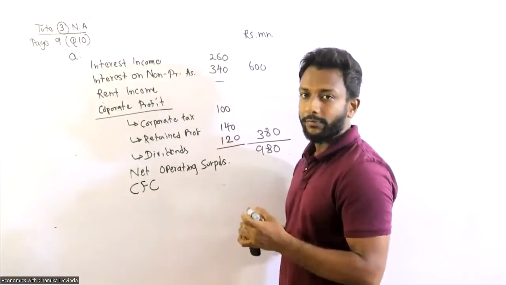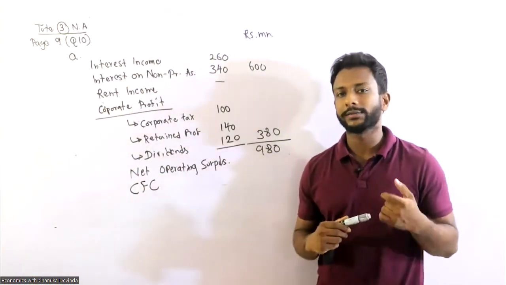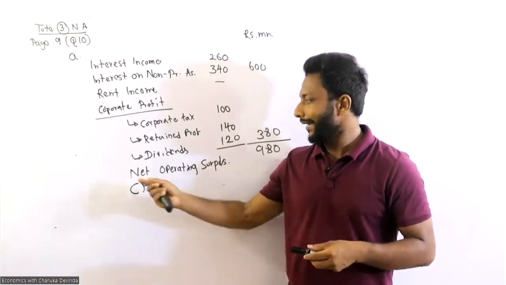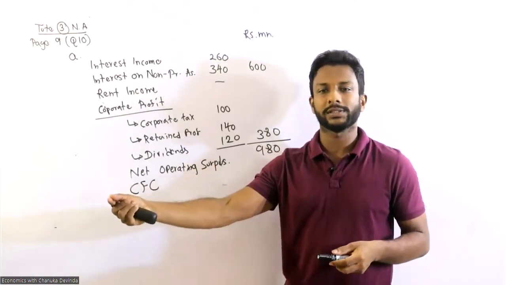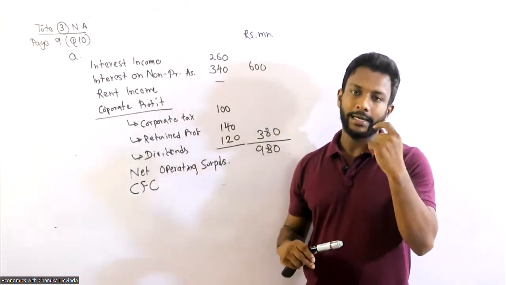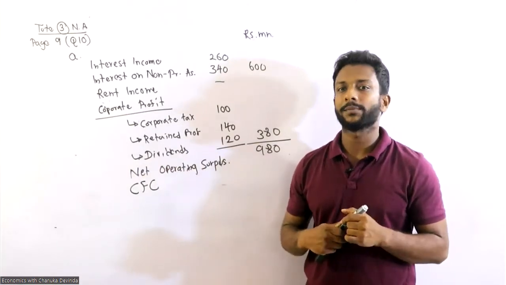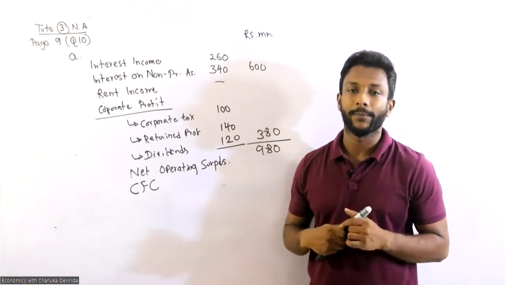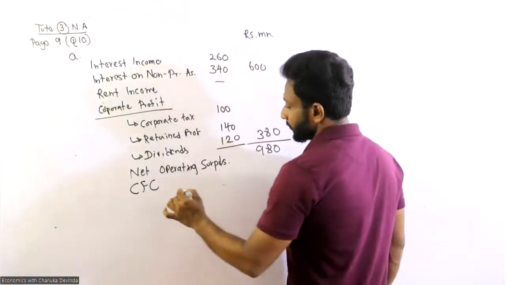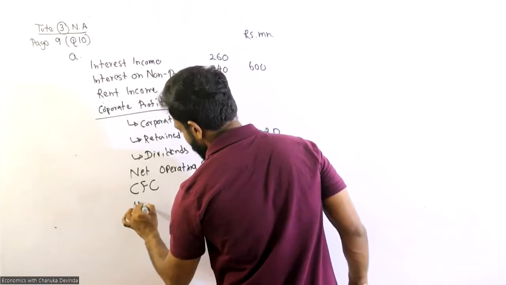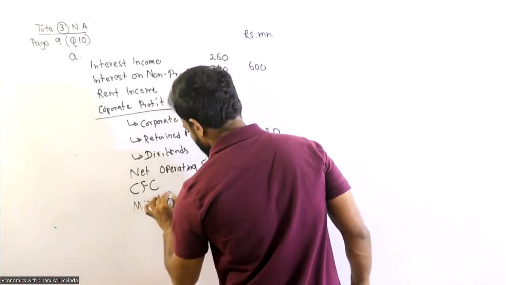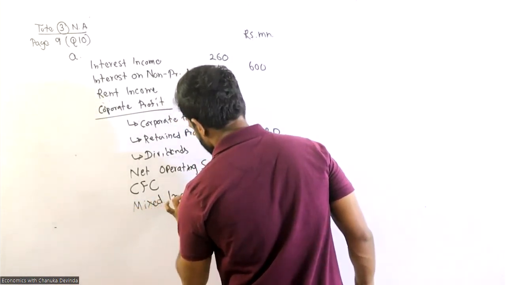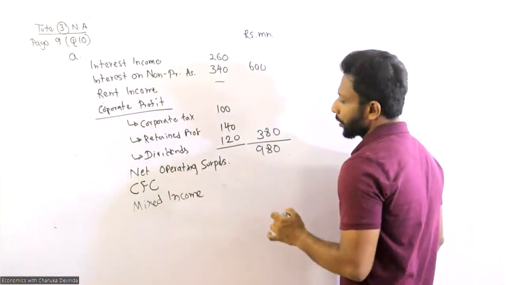That is the line item, plus there is something else. What is it? Mixed income should be there, right?